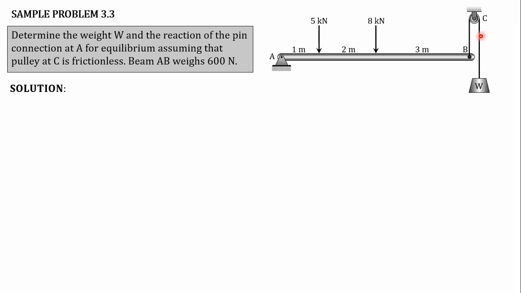It is equal to this tension cable, kasi frictionless naman yung pulley natin.